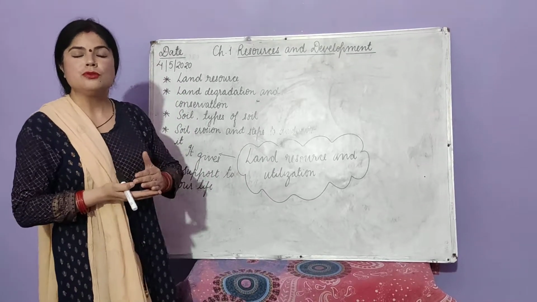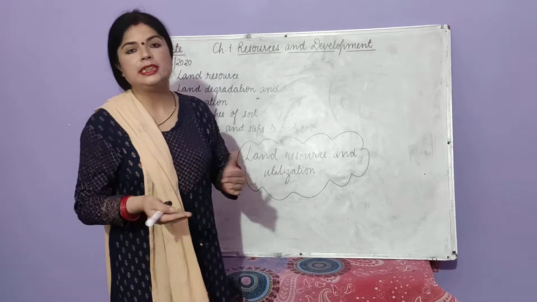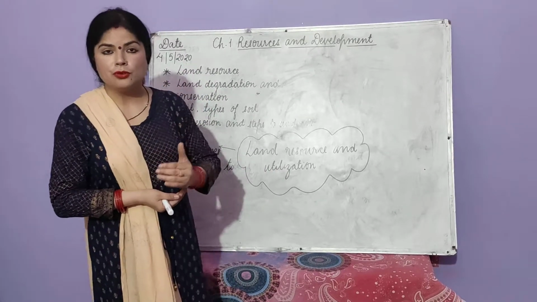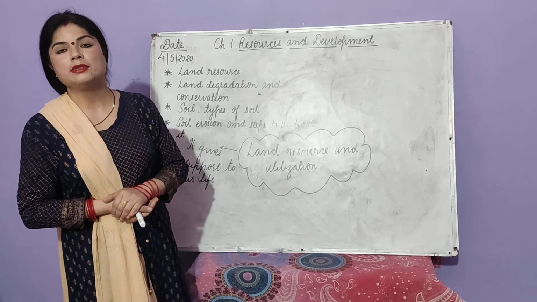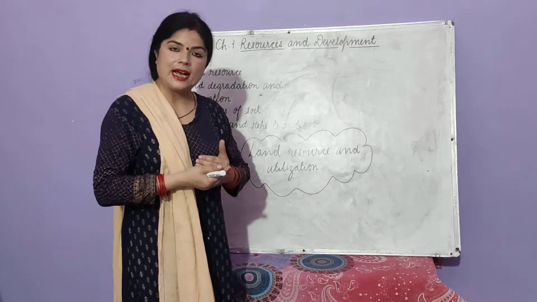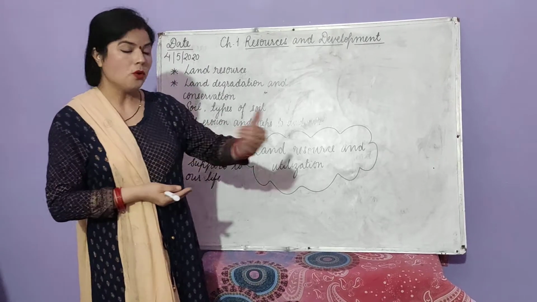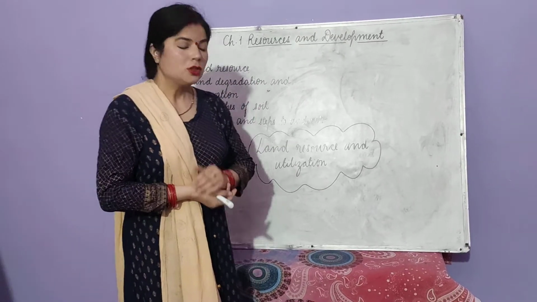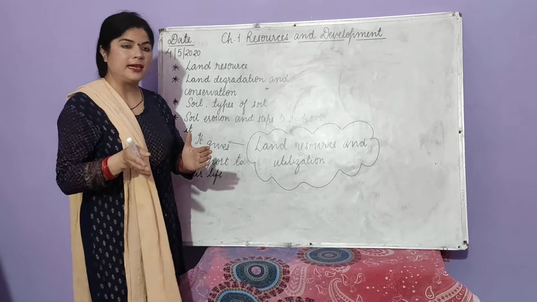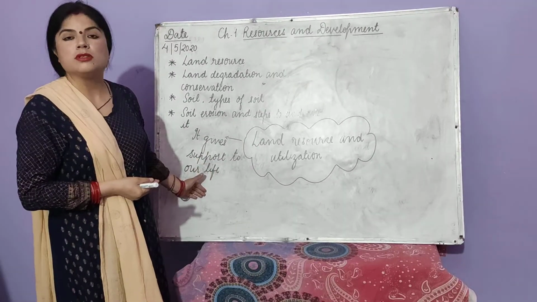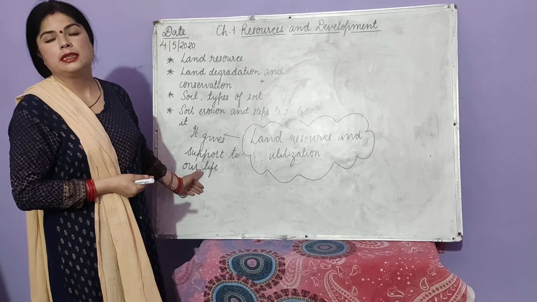If you want to rear animals, you need land. How? On the piece of land, you will grow fodder crops for your animals. Your animals can have their food in the form of grass or trees which grow on land. So in this way, we can understand the importance of land as a support for life.